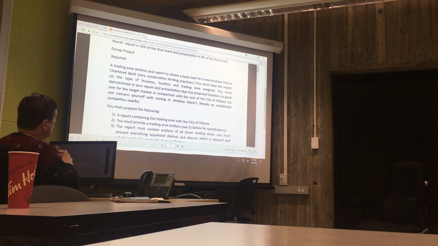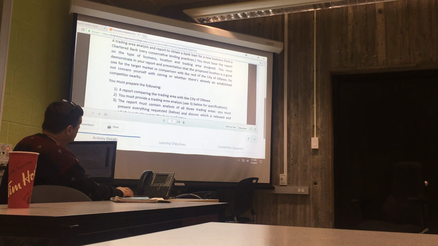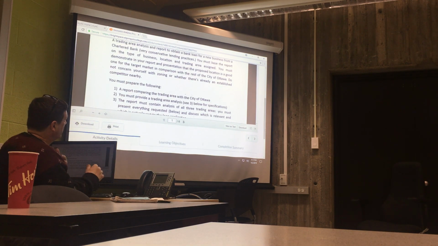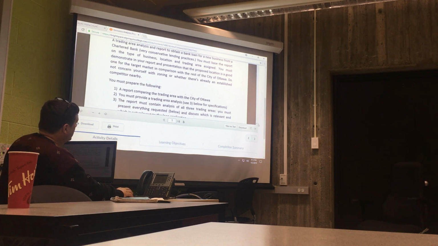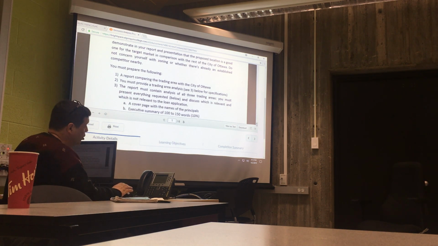I will give you the type of business, the location, and the trading areas assigned. You'll use Environics Envision to find out the demographics and the psychographic segments that are important in that area. Because in the City of Ottawa, there are many different segments of the population, and different neighborhoods have different segments.